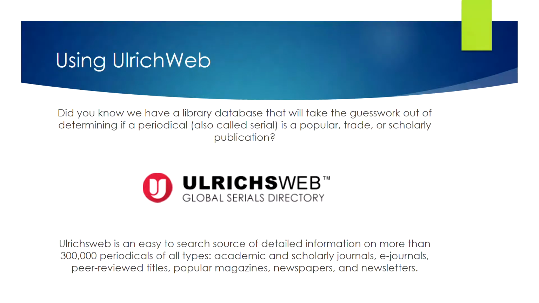You might find a publication that way outside of our databases, and you obviously won't have the ability to check the peer-reviewed box when you're evaluating it. You can put that title into this database, and it will tell you the type of source that it is. So it's pretty handy.